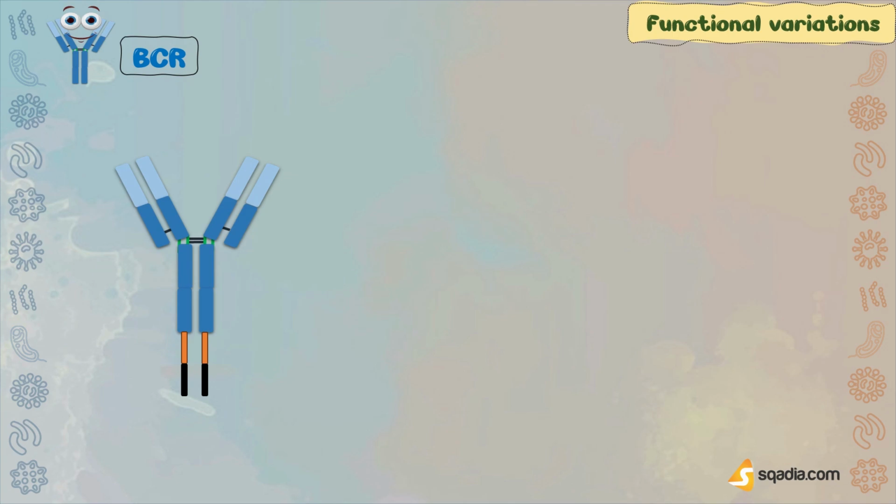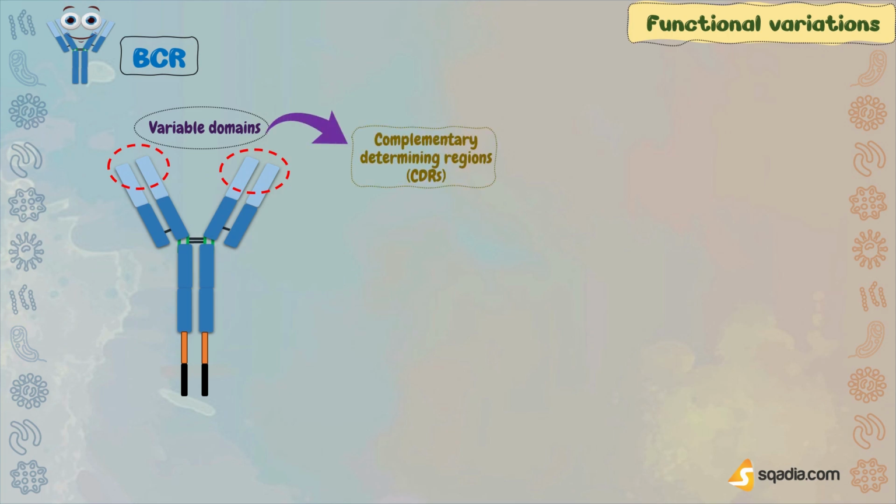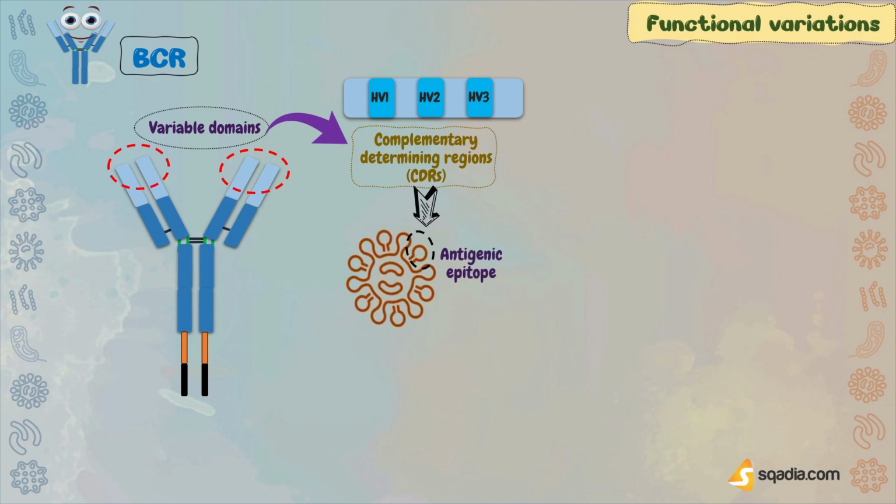We know that the antigen binding site of BCRs is formed by the variable regions. And these variable regions consist of hypervariable loops called CDRs, or complementarity determining regions. These regions are made of diverse amino acid sequences. And so, these CDRs directly interact with the antigenic epitope, determining the specificity and affinity of the BCR-antigen interaction.